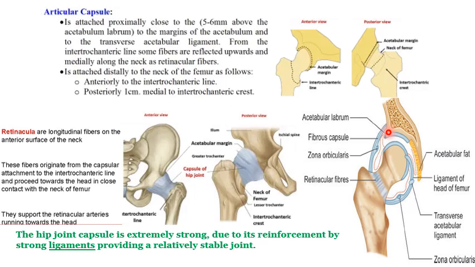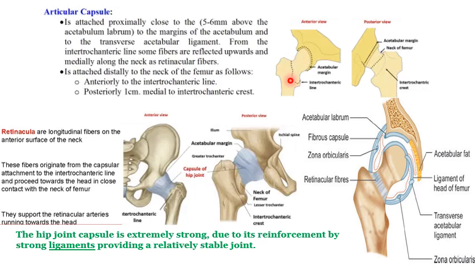Just above the margin of the acetabulum, it is attached proximally, and to the margins of the transverse acetabular ligament, because this ligament is converting the acetabular notch into a proper cup-shaped structure. It is bridging the acetabular notch. So this capsule is attached to the margins of the acetabulum above here and to the transverse acetabular ligament as well.